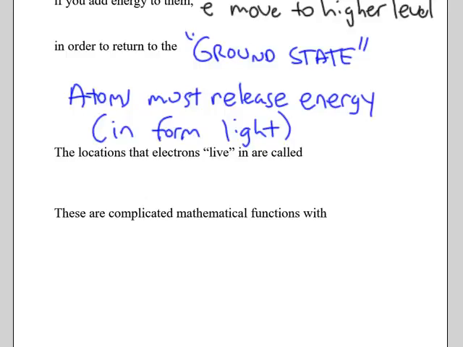Now we know that electrons exist in only certain energy levels, and those locations where the electrons are found are called orbitals. And we can match what we know about orbitals with complicated mathematical functions that have certain variables that we have to plug into those functions.